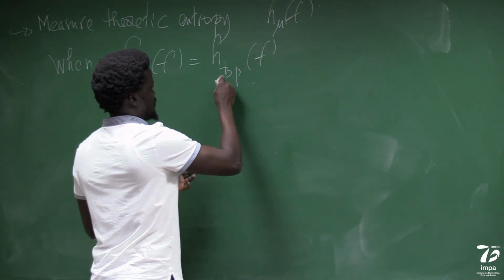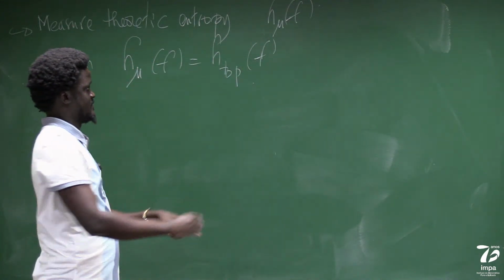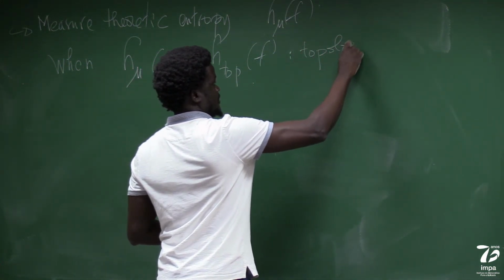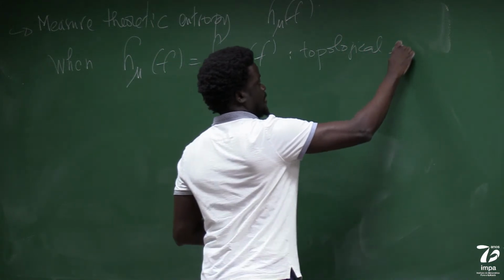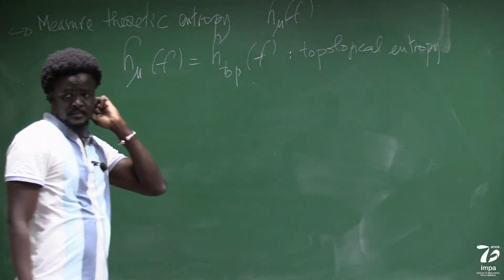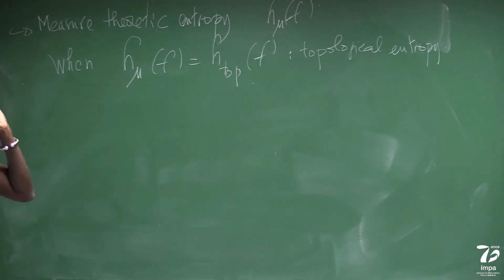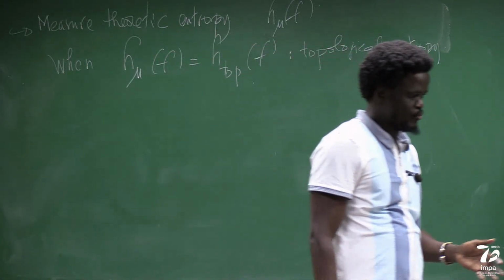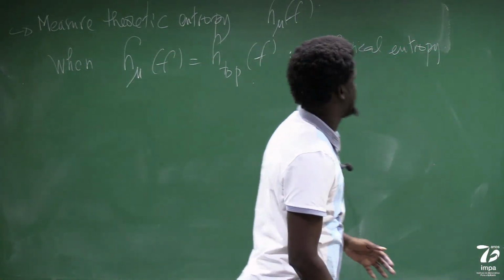So this is the topological entropy that is described over there. We'll be interested in this, and also we will see the variational principle.